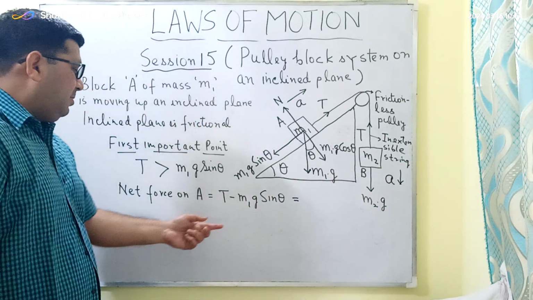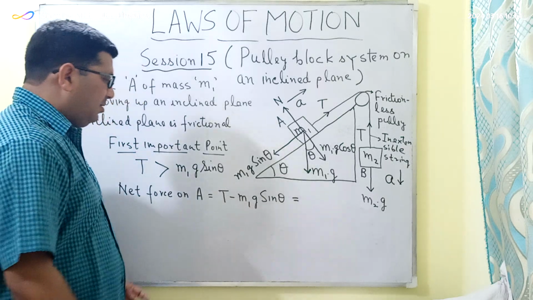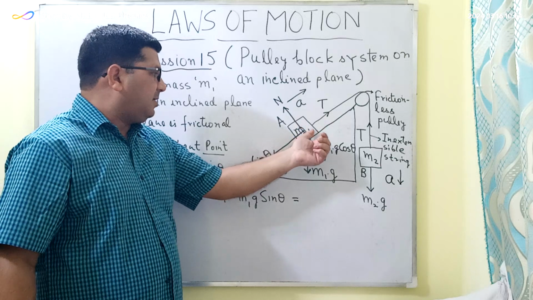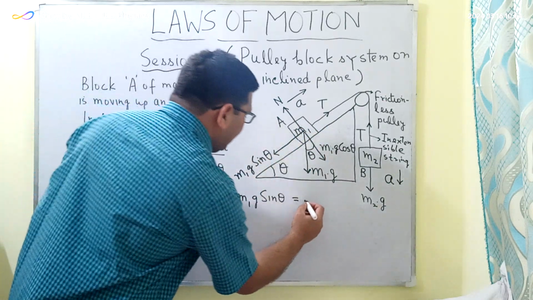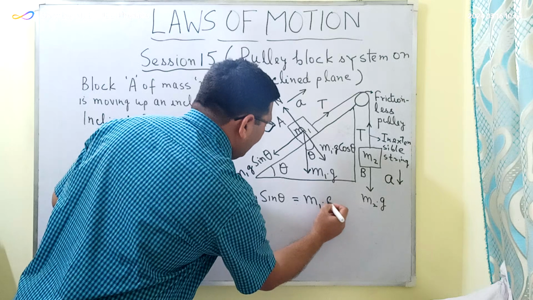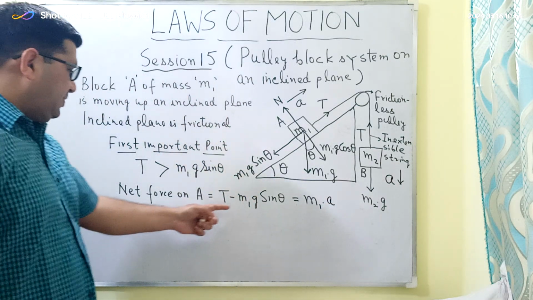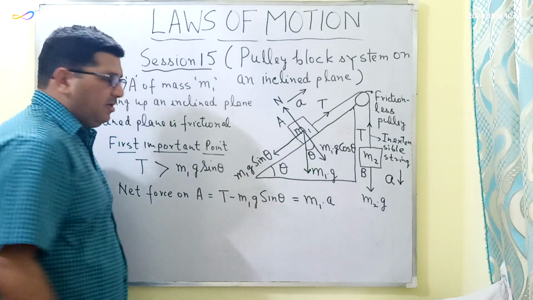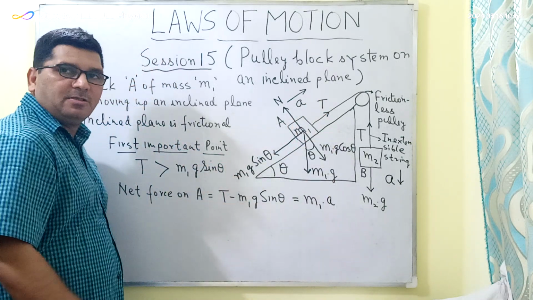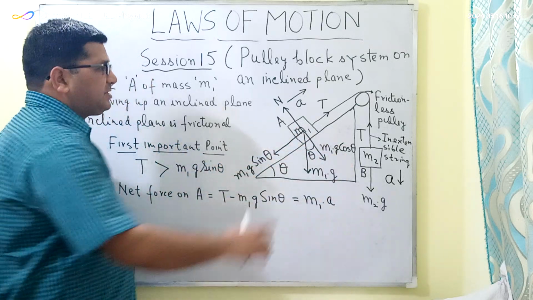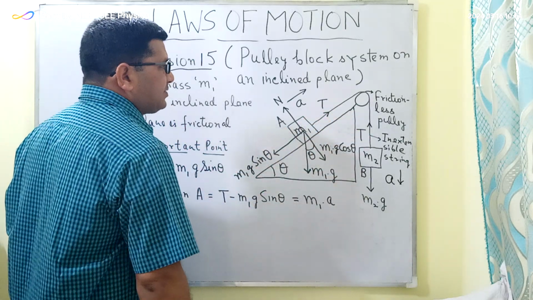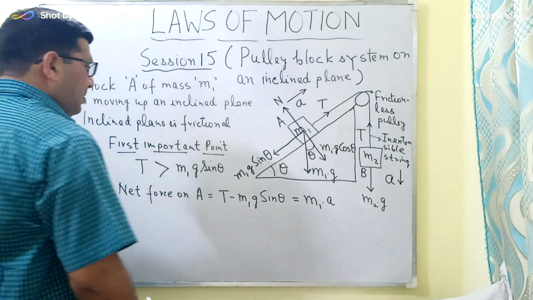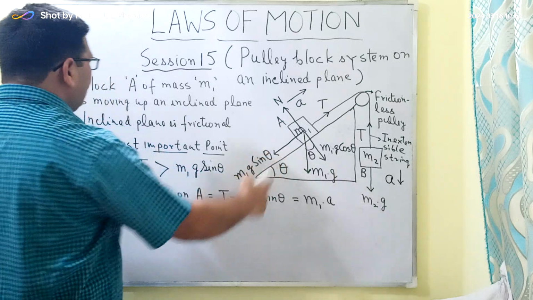And as per Newton's second law, this net force will generate the acceleration in this body, which will be given by m1 into A. So this is the first equation which I have got, that is T minus m1g sin theta equals m1 into A, where A is the common acceleration of these two blocks which are connected by this inextensible string, and this string is passing through a frictionless pulley. And this inclined plane is also considered to be frictionless.